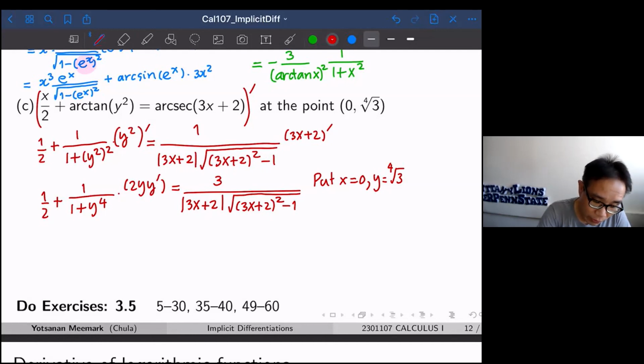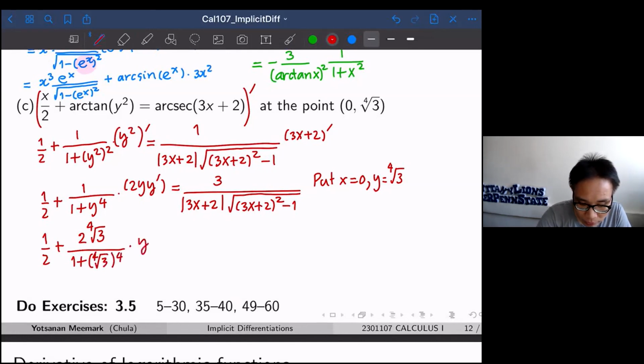So in this case, you get 1/2 with y equal to the fourth root of 3, right? So it's going to be the fourth root of 3, and you have 1 plus the fourth root of 3 to the fourth, and you have y prime equal to 3 over 2 times the square root of 3 times 0 plus 2 squared minus 1.